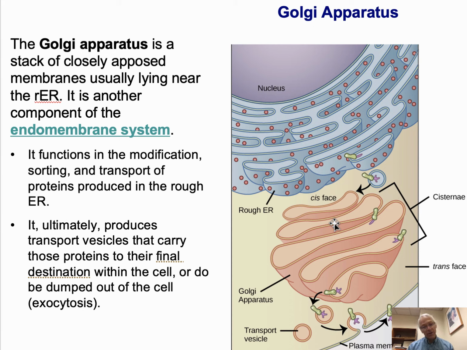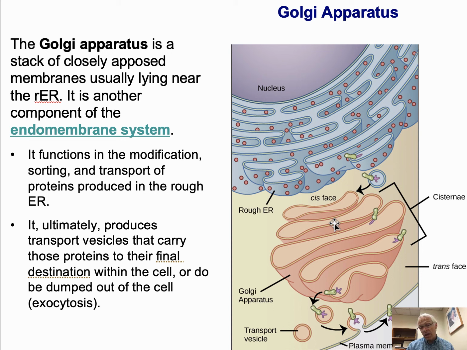The proteins that are made in the rough ER are often processed and adjusted. They have things added to them or sections of them cut off to create the final finished protein from the sort of raw materials made in the rough ER.